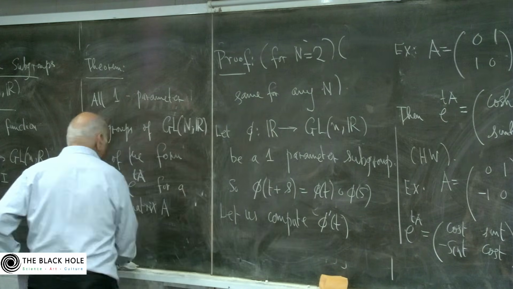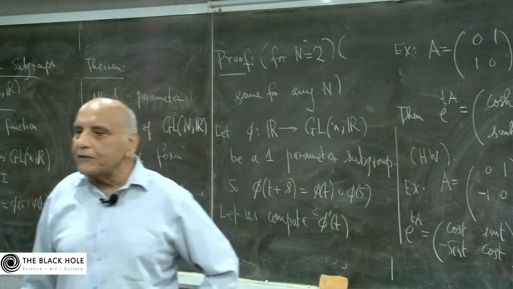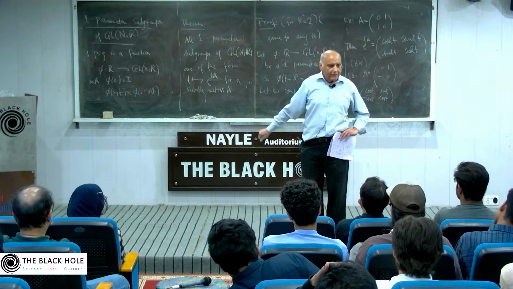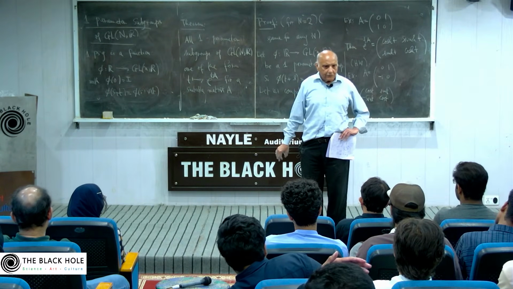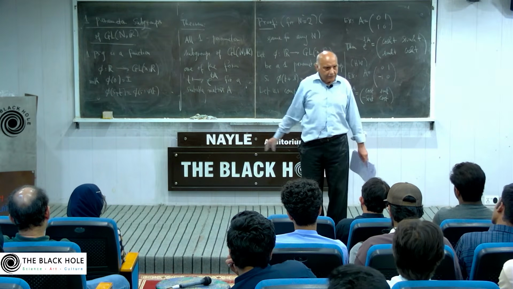As in first-year calculus, what is f prime t? Limit of f of t plus h minus f of t divided by h as h goes to 0. And since phi t is a point in some Euclidean space, we can repeat the same thing.